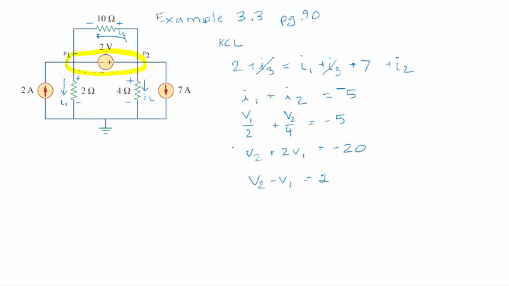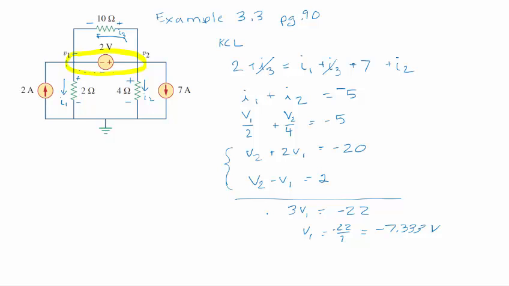I think I'll just do it by substitution method or elimination method. Subtract these 2 equations and I get, this minus this is minus 22, and this minus this is 3V1, so therefore V1 equals minus 22 over 3, which is minus 7.333 volts, and then V2 minus V1 equals 2, so therefore I can get my other voltage.